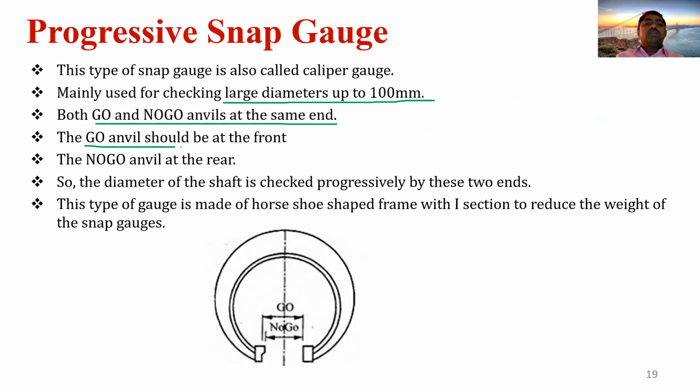The go anvil should be at the front end and the no-go anvil at the rear side. So the diameter of the shaft is checked progressively by these two ends so that it saves time. This type of gauge is made of a horseshoe shaped frame with an I-section to reduce the weight of the snap gauges.